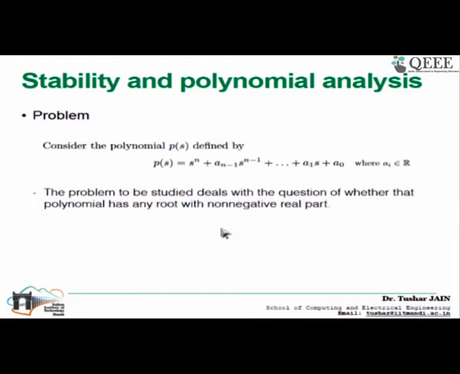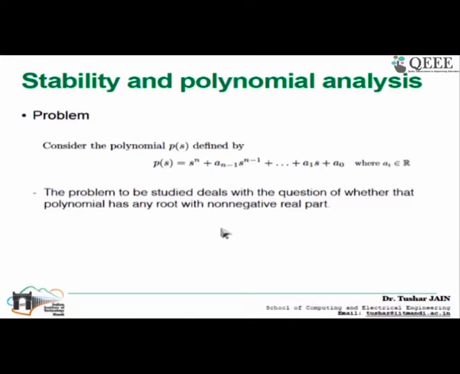So now the stability and problem analysis. I would restrict today at this part, because now we will be explicitly dealing with polynomial analysis. Once we study the feedback structures within LTI systems, we come up with a characteristic equation, which is nothing but a polynomial. So in your hand you have a polynomial, and based on this you do the stability analysis.